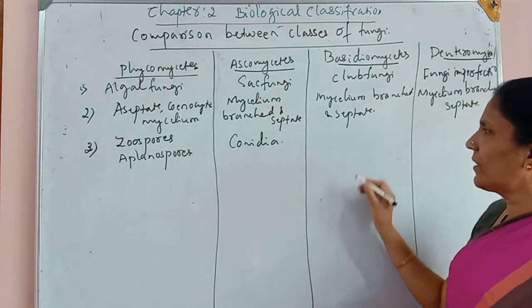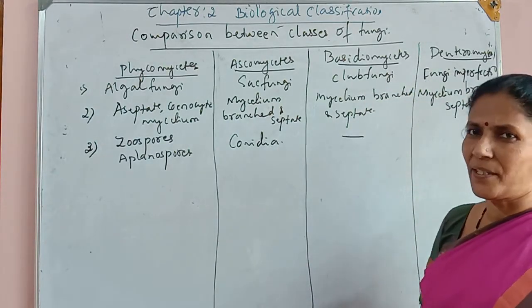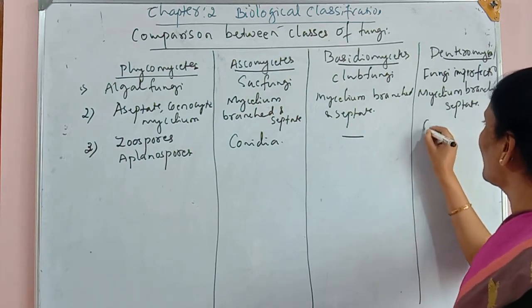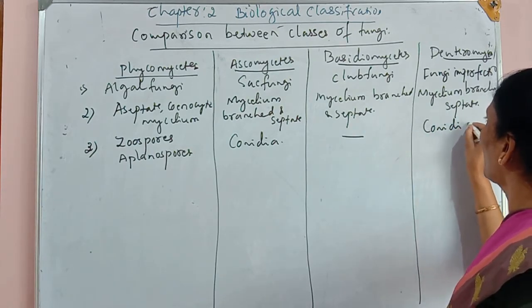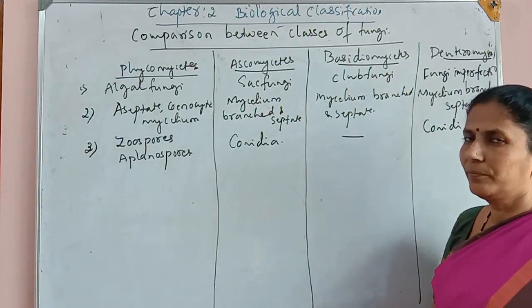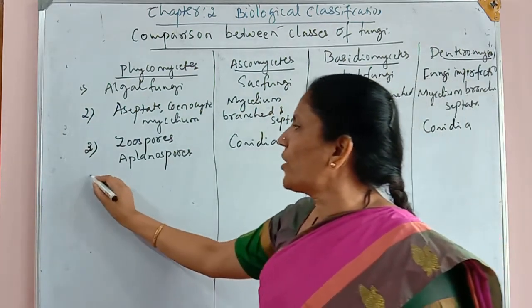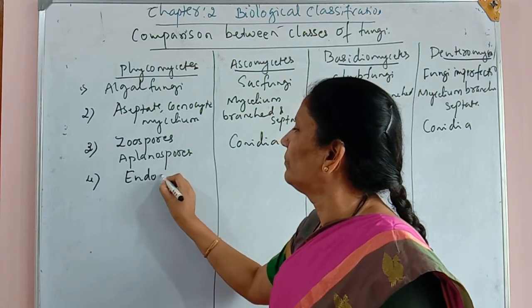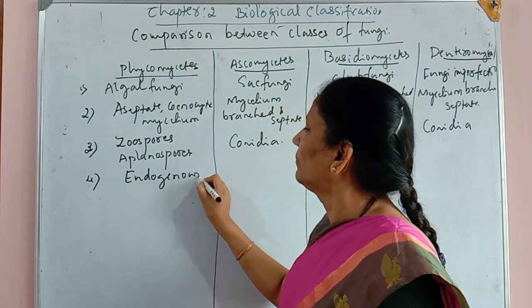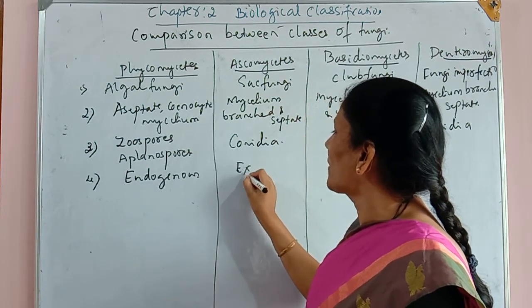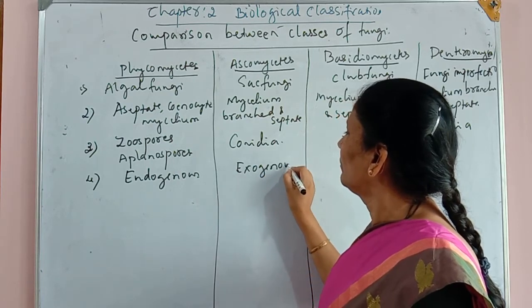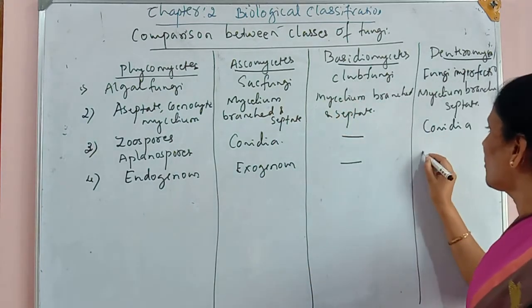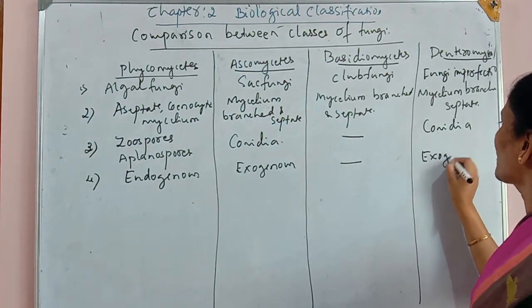In Basidiomycetes, asexual spores are absent. But in Deuteromycetes, once more, conidia are the asexual spores. And their origin: zoospores are endogenous, conidia are exogenous, and here also conidia are exogenous.